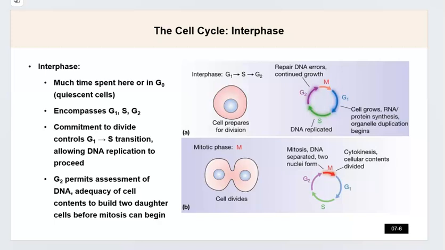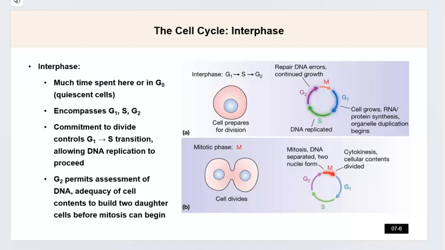The cells spend a lot of their time here, either in interphase or in G0. In interphase, it's this period that they evaluate whether the conditions are appropriate to divide or not. This is also where they irreversibly commit to the process, and they will complete the necessary preparations for successful duplication.